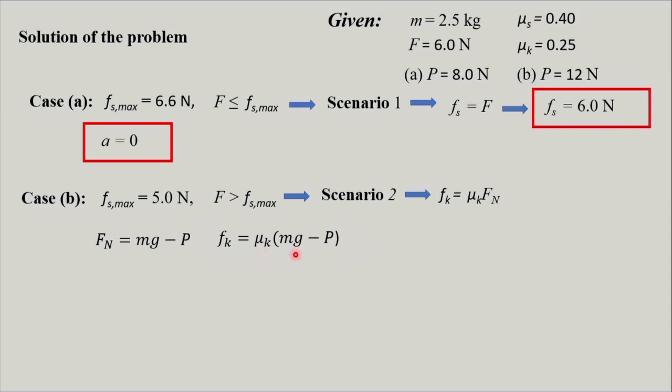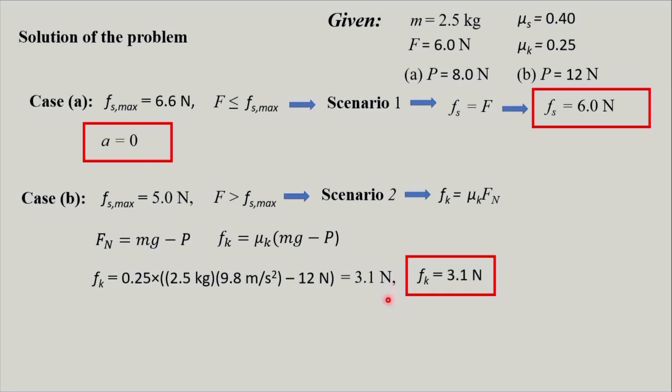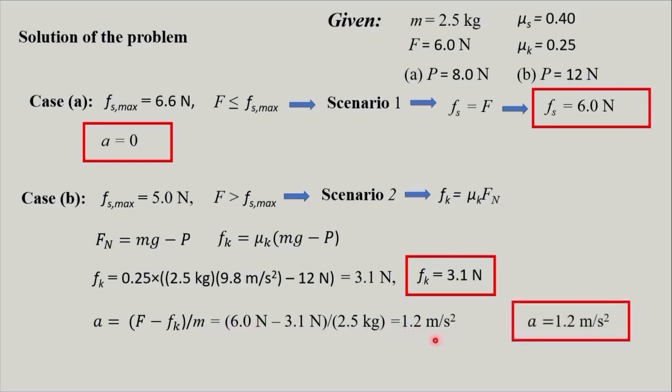We know all numbers for case B, and we can calculate this force, and it is equal to 3.1 newtons. Acceleration for this case is given by this equation, and finally it is equal to 1.2 meters per second squared. Now the problem is solved completely.